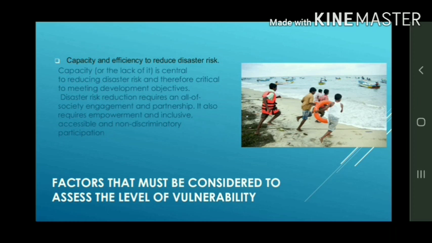In addition, for this, DRR or disaster risk reduction is a part of sustainable development, so it must be involved in every part of society. Government, non-governmental organization, the professional and private sector.